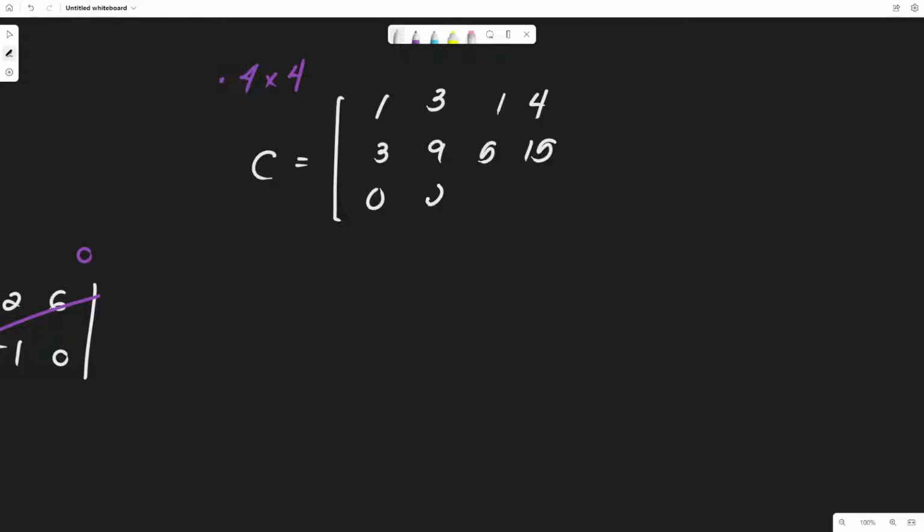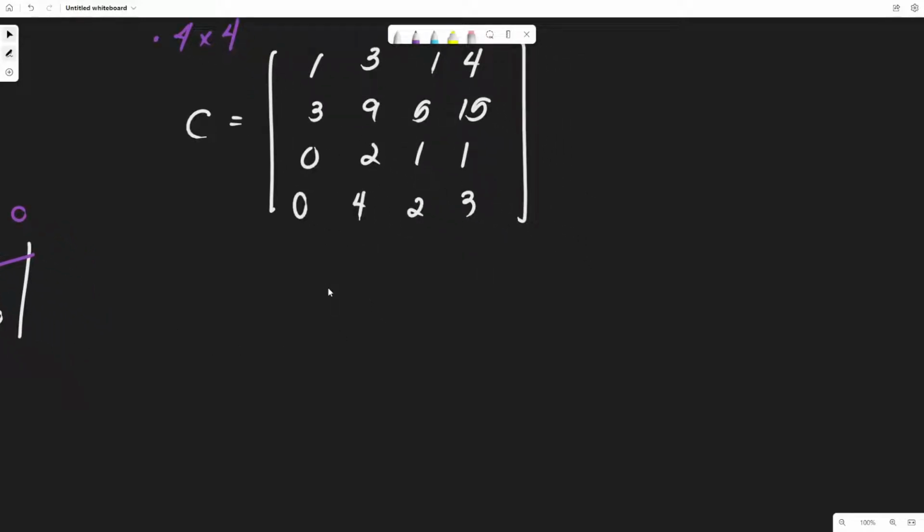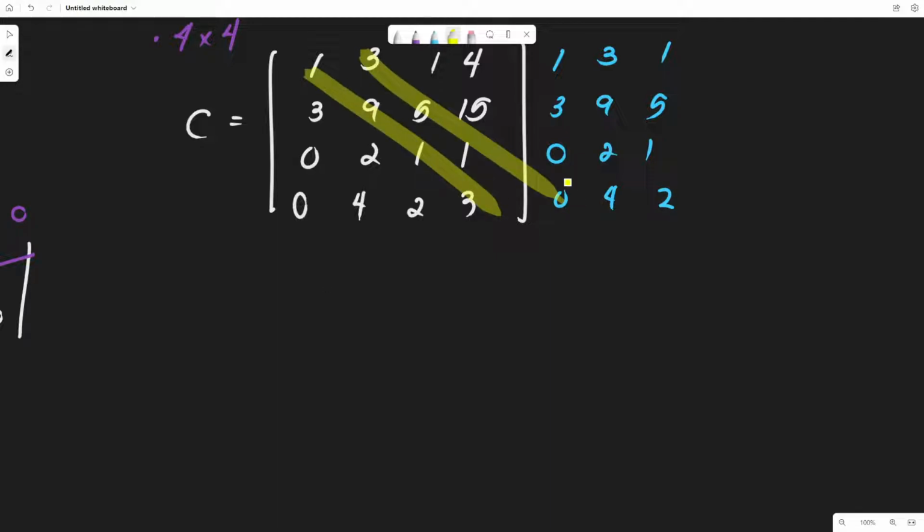Then you have 0, 2, 1, 1, 0, 4, 2, 3. This is our matrix. So, you can multiply all the downward diagonals, and all the upward ones, but it is tricky, because you need to append three columns: 1, 3, 1, 3, 9, 5, 0, 2, 1, 0, 4, 2. Then you put all the downward products. Which is kind of tedious to do, especially when you are multiplying large numbers.